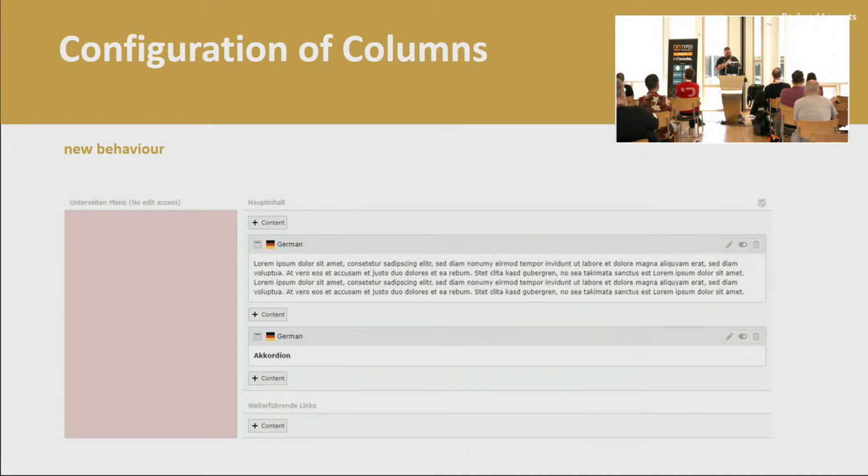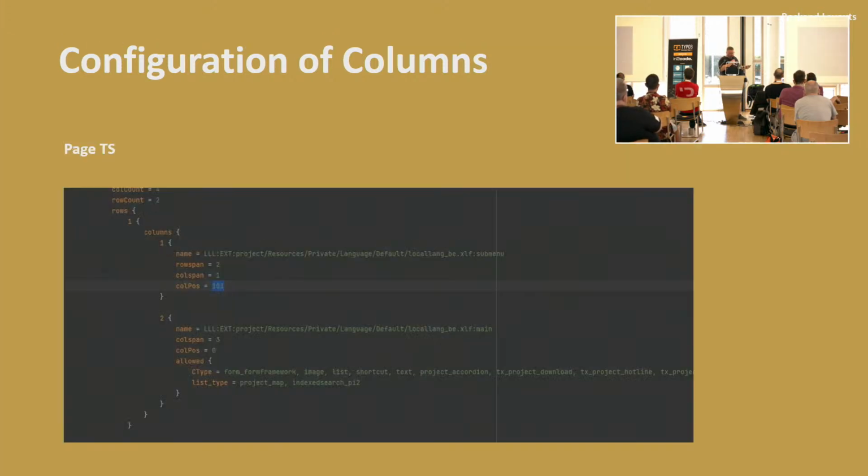So we use the backend layouts. I think everybody uses the backend layouts, and sometimes we want to show the editor a little bit like the representation in the frontend. In this case, here on the side you have a menu for the subpages.